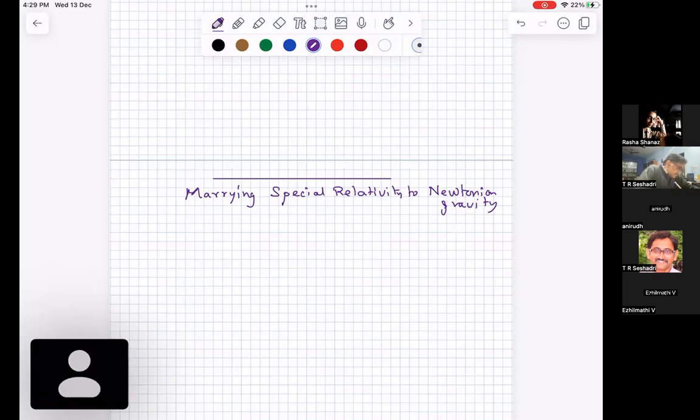In the case of Newtonian gravity, I have del square phi equal to rho.